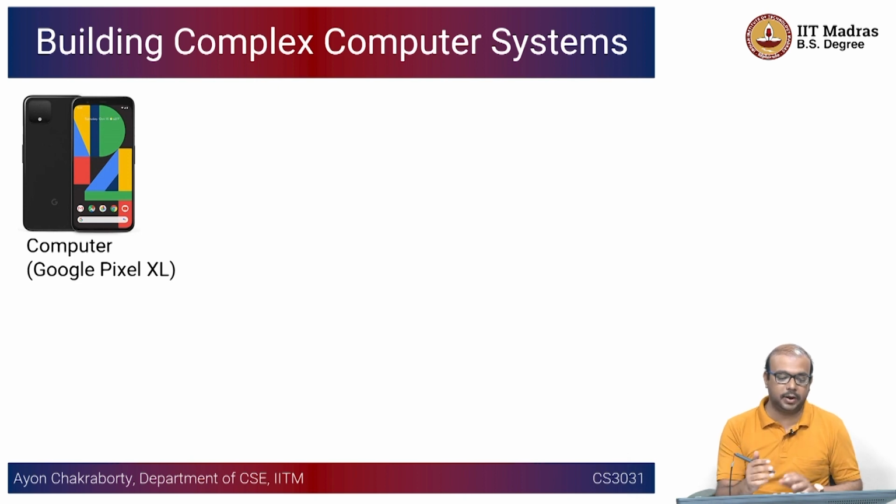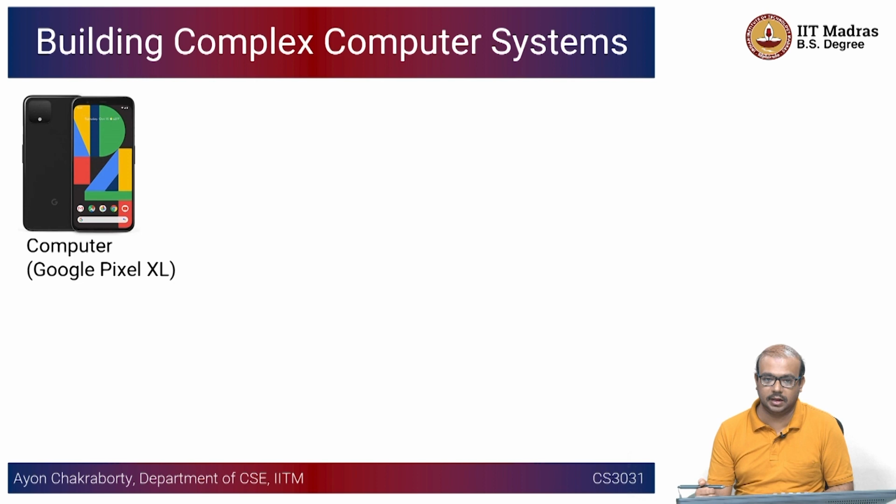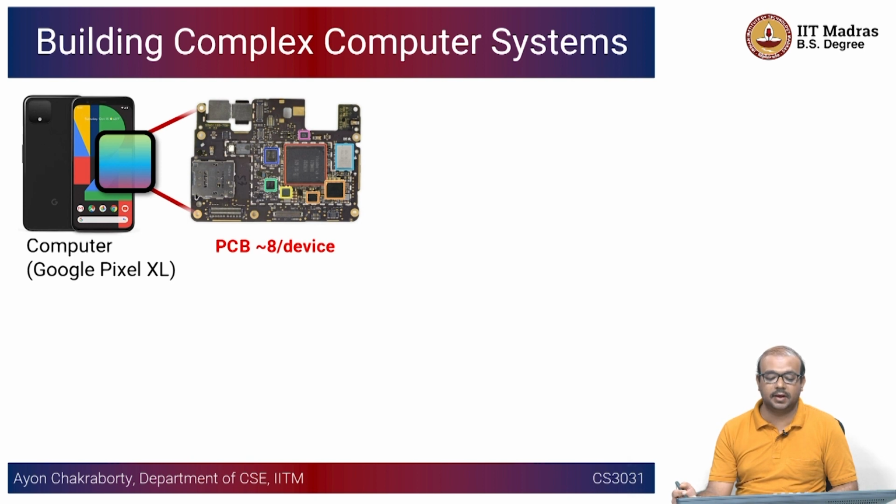So we want to look into what the fundamental building blocks of this super complicated piece of hardware are. If you take a smartphone like this and open it up, you will come across a lot of PCBs, printed circuit boards. Inside it you will find maybe 8 to 10 PCBs in a given device.